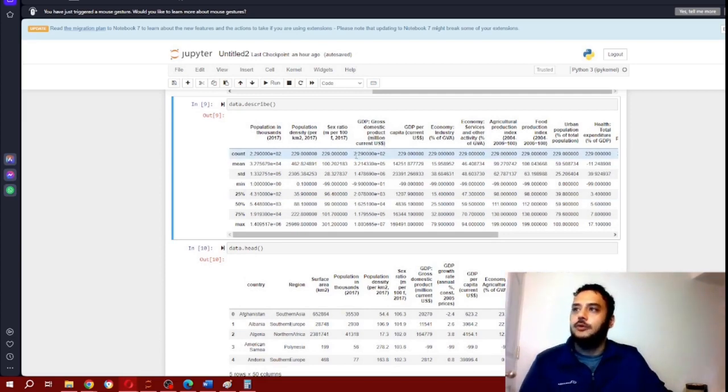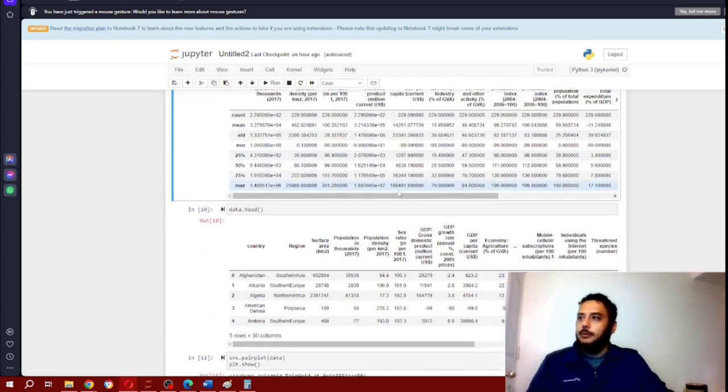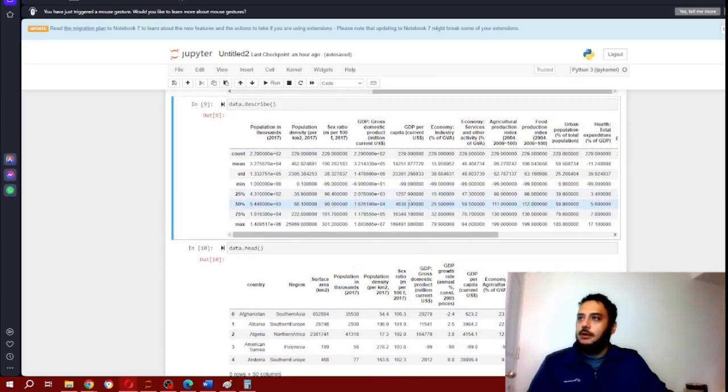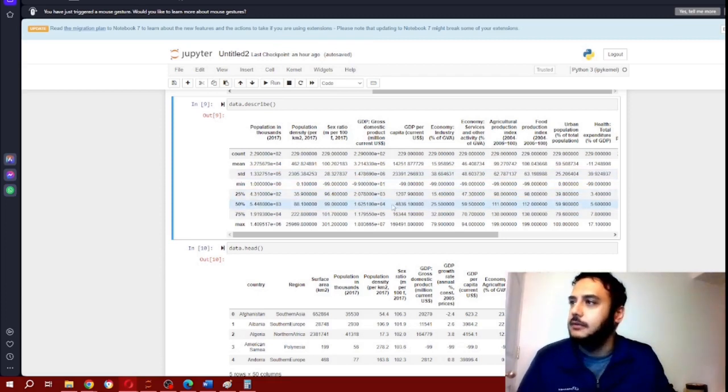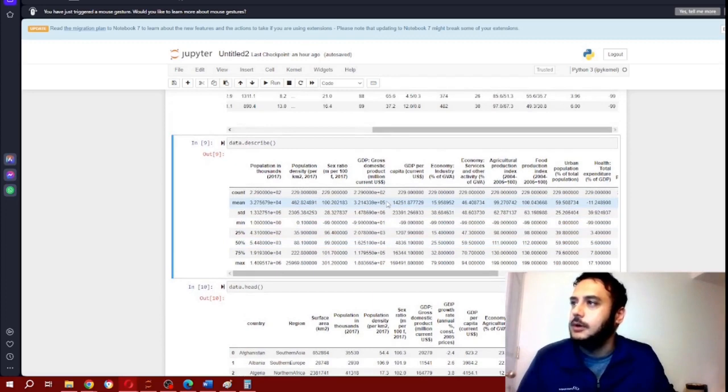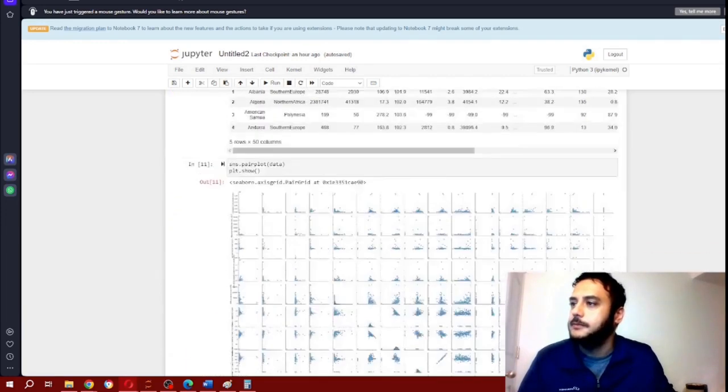It goes from 2.29, so it's below zero, to a maximum of 1.8. So all right, let's say I would like to use a GDP in million US current.